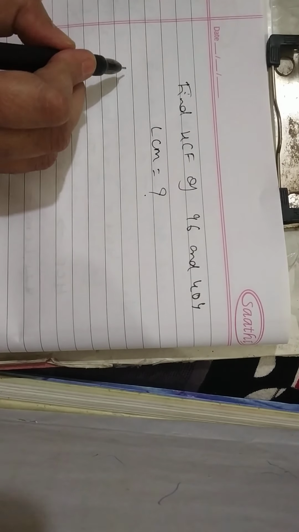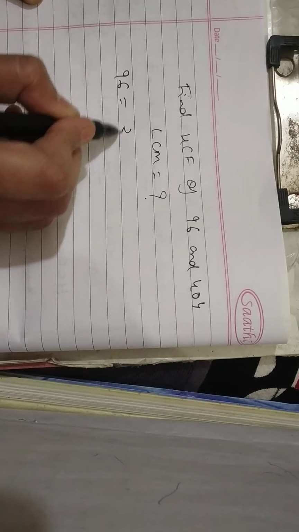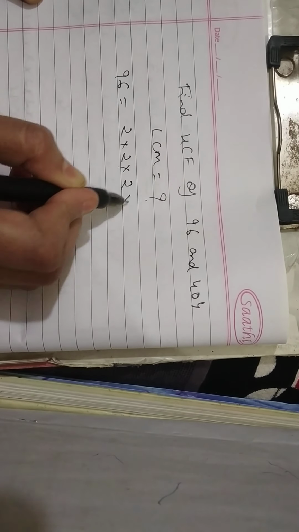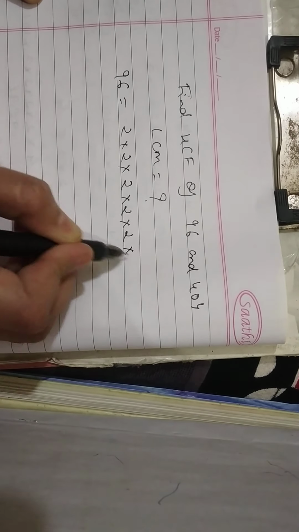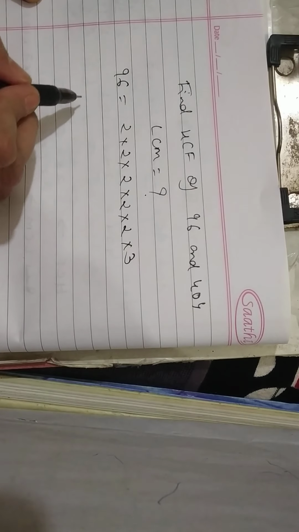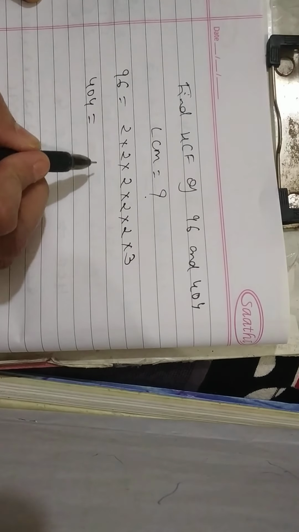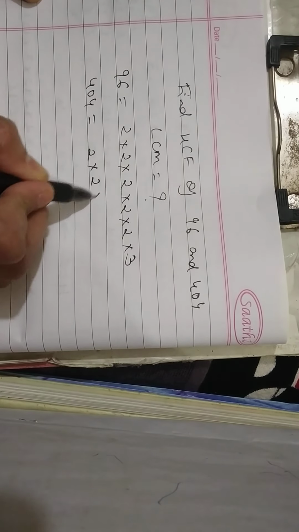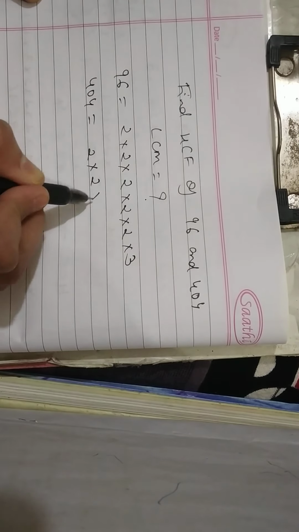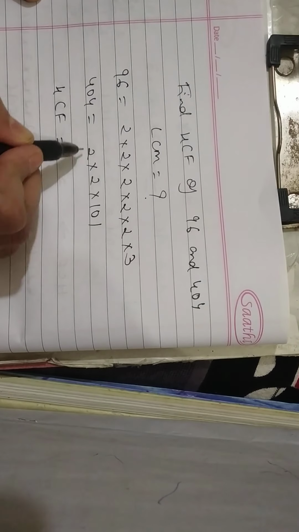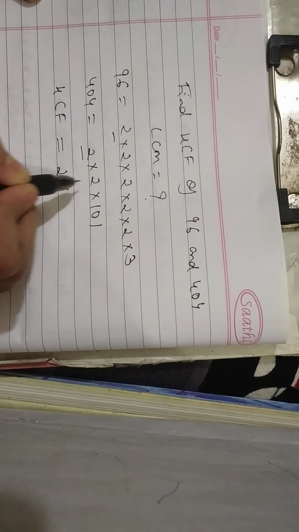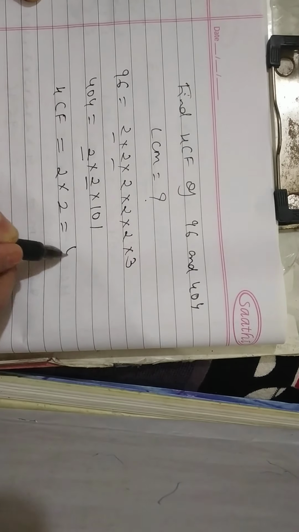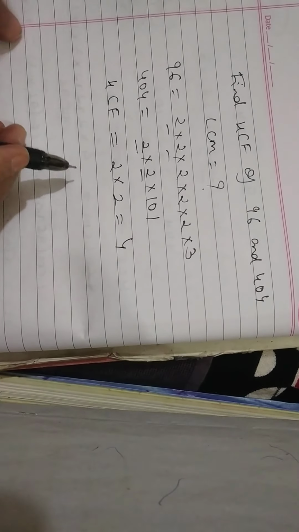So again, same thing, factors we'll see: 2 into 2 into 2 into 2 into 2 into 3 and 404 is 2 into 2 into 101. So we'll take out first HCF. What will be HCF? Common 2, that is 4.